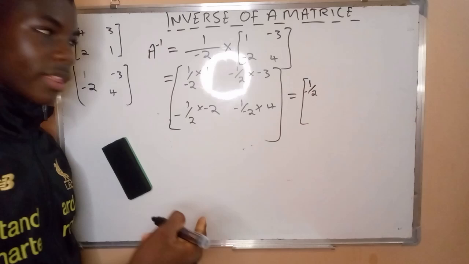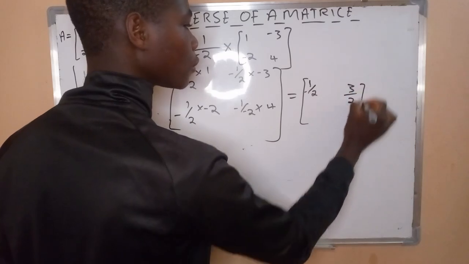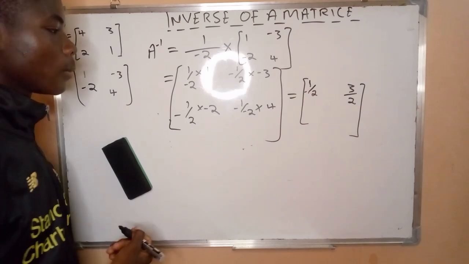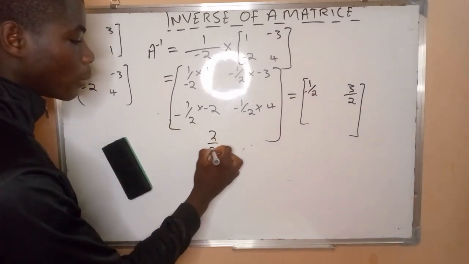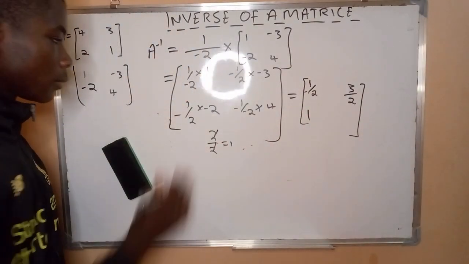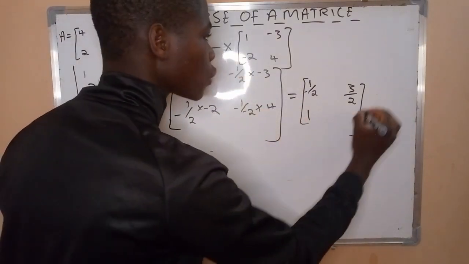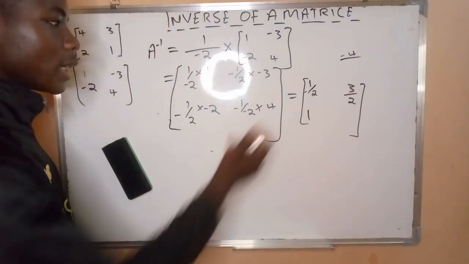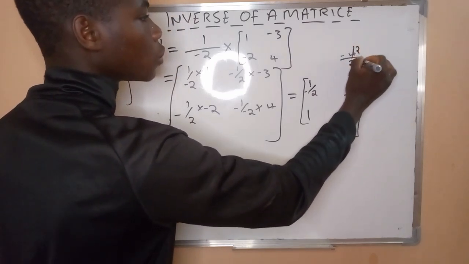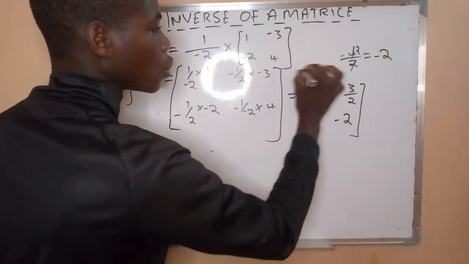Then minus 1 multiplied by minus 3, I'm having 3 over 2. Then minus 1 multiplied by minus 2, I'm having 2, so 2 over 2 is equal to 1. Then minus 1 multiplied by 4, I'm having minus 4 divided by 2, which is equal to minus 2. So I'm having minus 2.